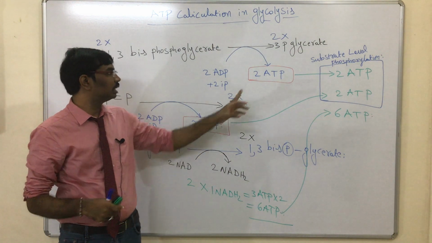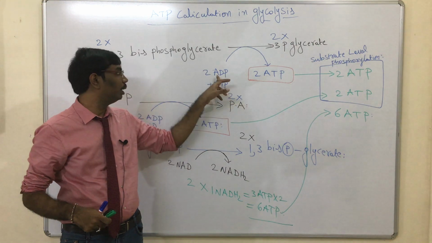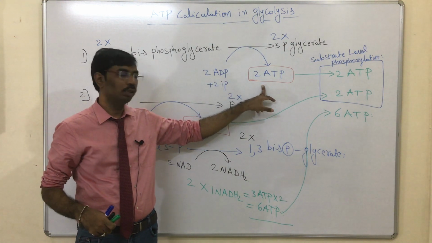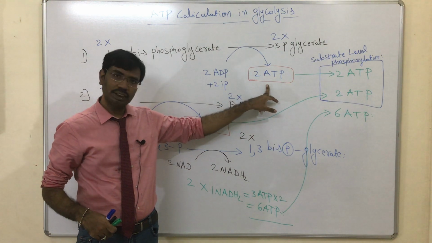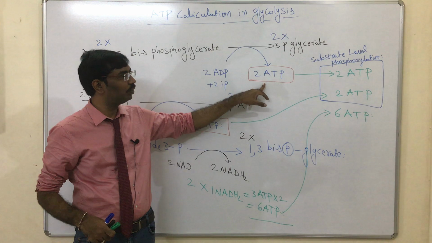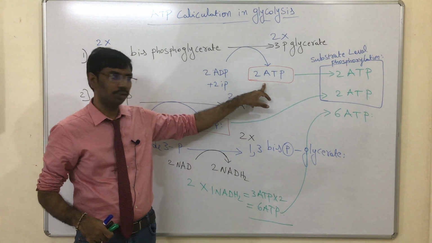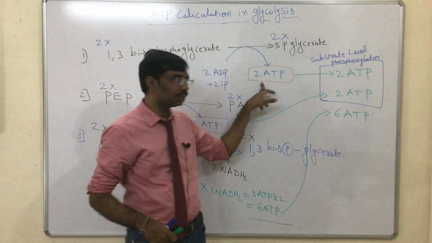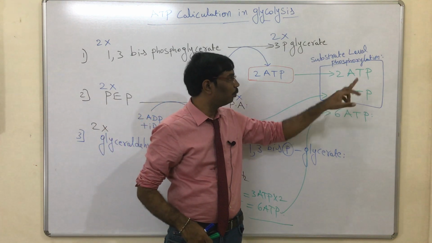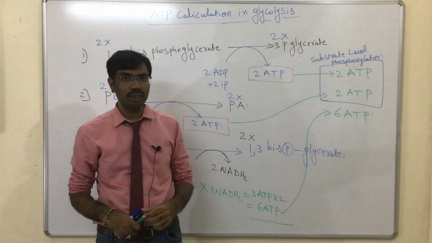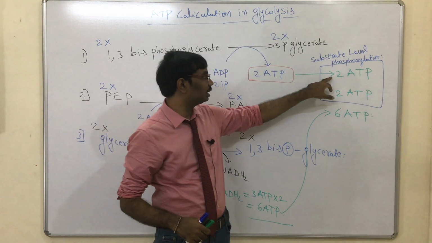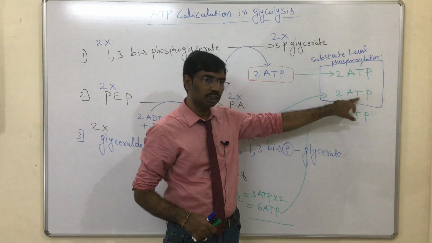Phosphorylation means synthesis of ATP from ADP and inorganic phosphate. This ATP is directly synthesized at the substrate level, meaning during the pathway itself. 2 ATPs in this reaction and another 2 ATPs in this reaction, so totally 4 ATPs are directly synthesized in glycolysis. This kind of ATP synthesis is called substrate level phosphorylation.